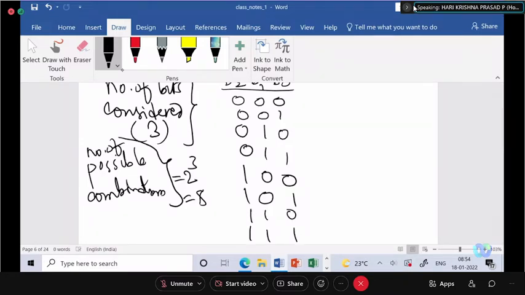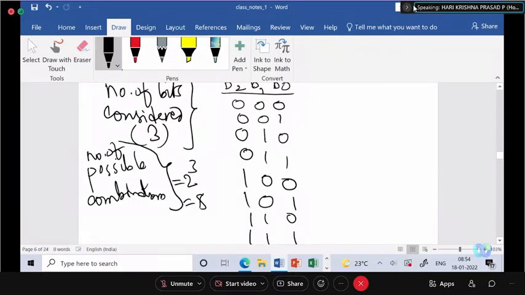Now my question is, in how many combinations I have exactly only one 0? I am putting this as 1. In how many combinations do I have exactly one 0? This is one combination.